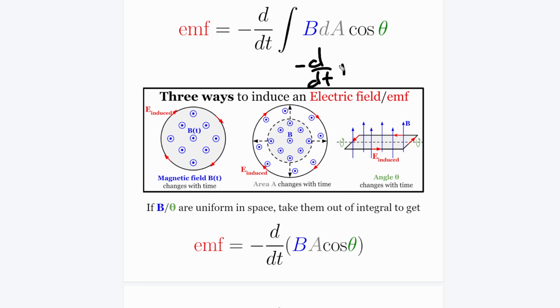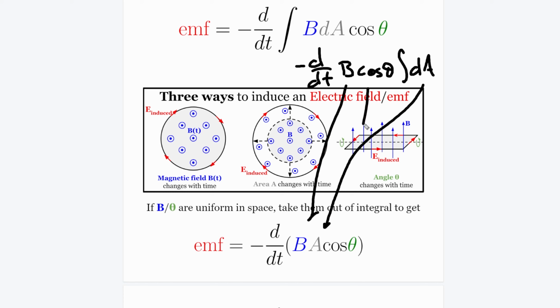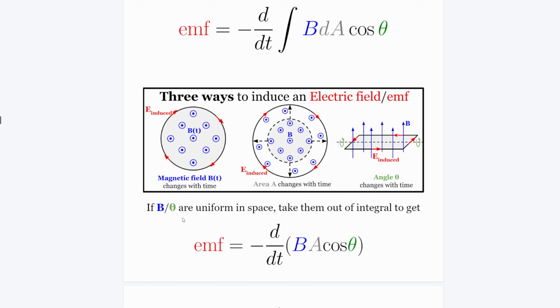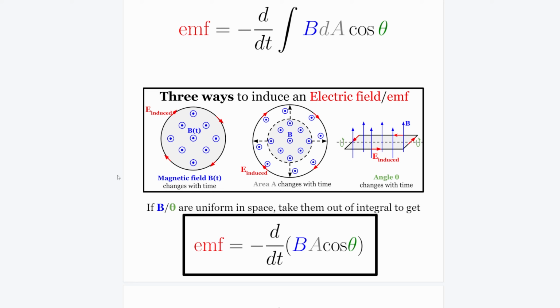We smuggled B out, we smuggled cosine theta out, you'd just end up with the integral of dA, but the integral of dA is just A. So we just call that A. This is B. That's cosine theta. We just end up with this formula right here, which is the simpler version of Faraday's law. If the magnetic field is uniform in space, the same throughout space, then you can use this easier version right here, which is kind of nice.